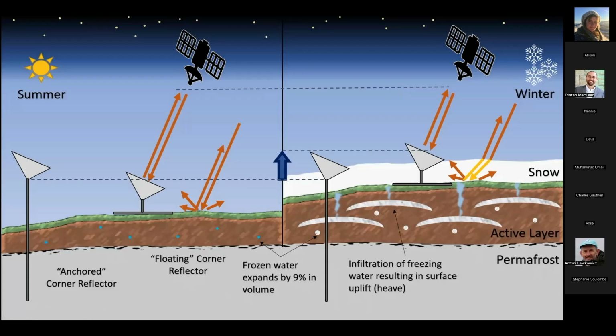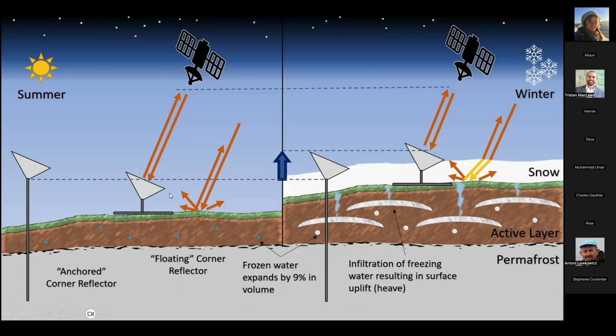And so this is just a quick visual overview of the techniques that are being used in this project. You see here I have the corner reflectors. From summer to winter, this anchored corner reflector will stay the same and it'll be the reference point. And then this floating corner reflector is allowed to move up with the active layer as it expands during freeze back.